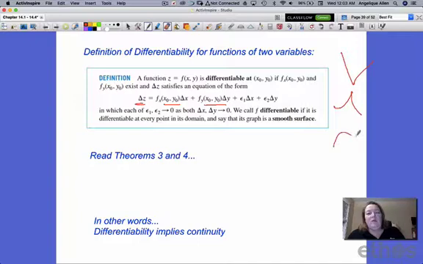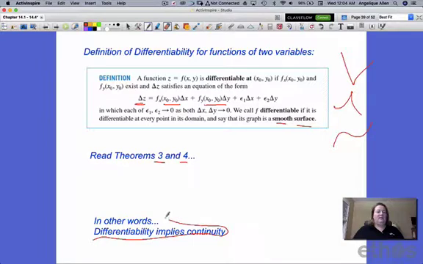We know when we have a smooth curve, it's differentiable in single variable calculus. So in multivariable, when we are differentiable at every point in a domain, instead of being a smooth curve, it's a smooth surface. So once you review these 2 theorems, we'll unpack them better when we do linear approximation. But here's the guide.